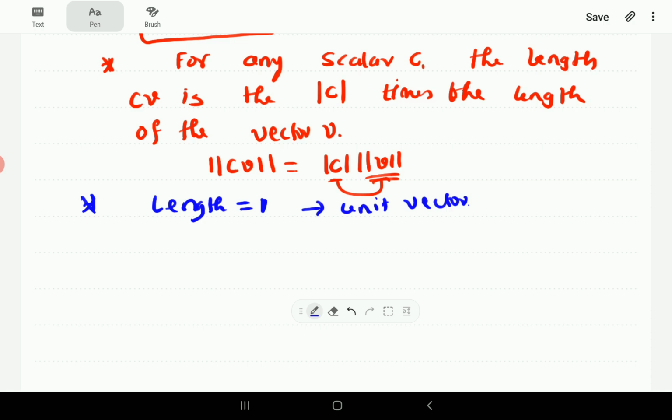So this process of creating u from v is sometimes called normalizing v.